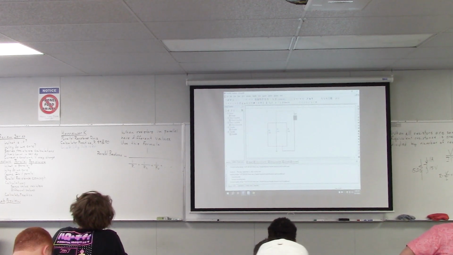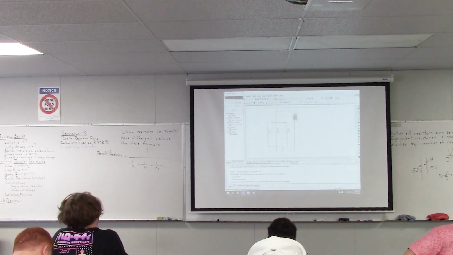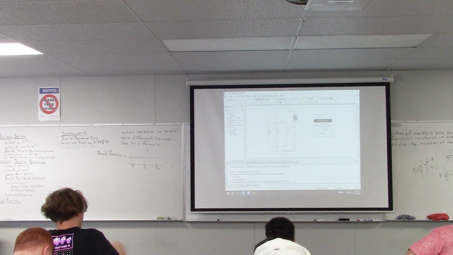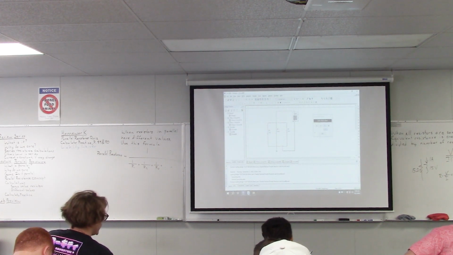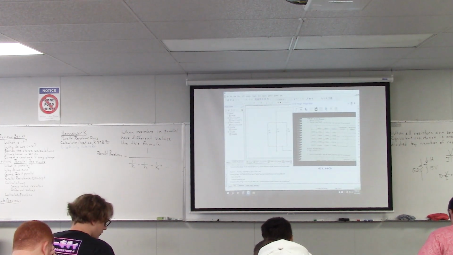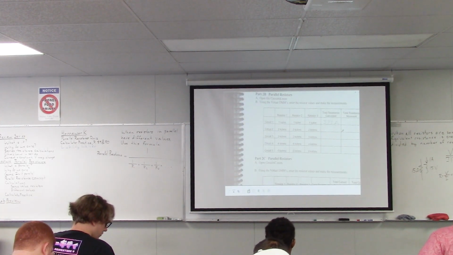They're all 1,000 ohms, so we can run the simulation and check our math. And sure enough, it comes out to be about 333 ohms. So you would fill in that whole table there.